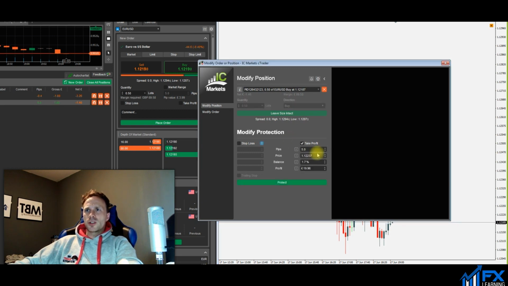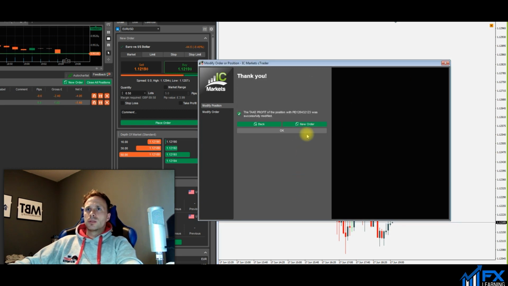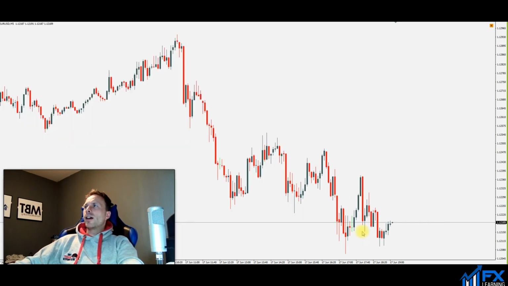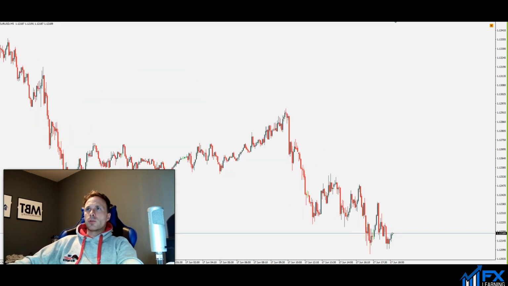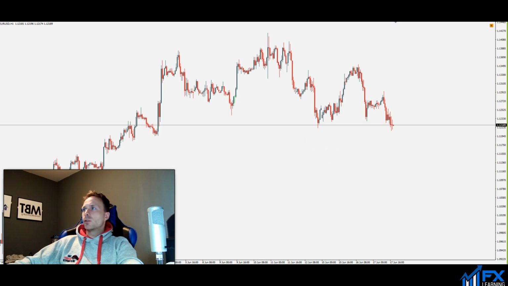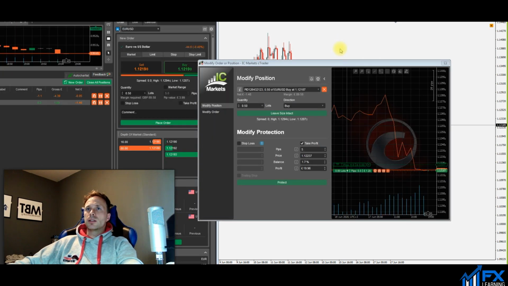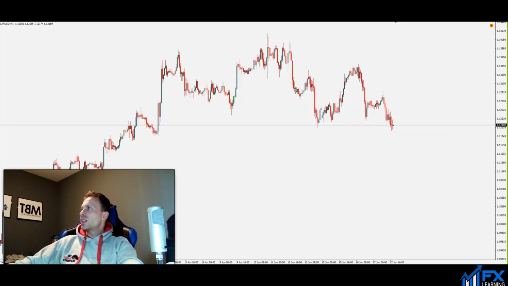Again, I'm not going to set a stop loss on that one. Now, what I like about Euro USD, everyone, is we're definitely at a 1 hour support line on Euro USD, which is rather interesting. You can see how we've come into this area.